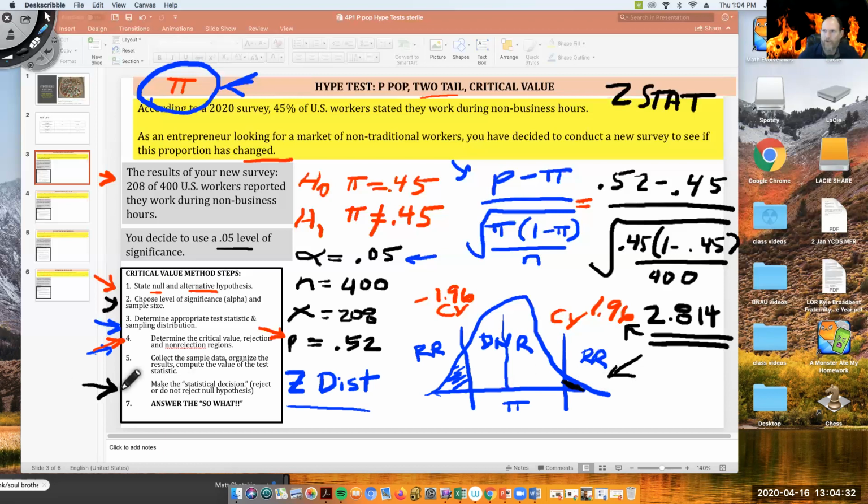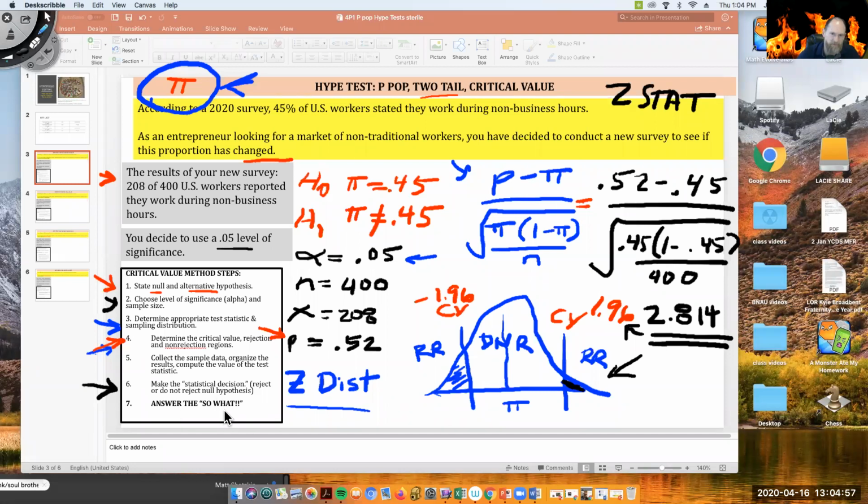So we go back to our checklist. And we go down here, number 6, make the statistical decision, in parentheses, reject or do not reject the null. We reject the null. Now, number 7 is not in your text.